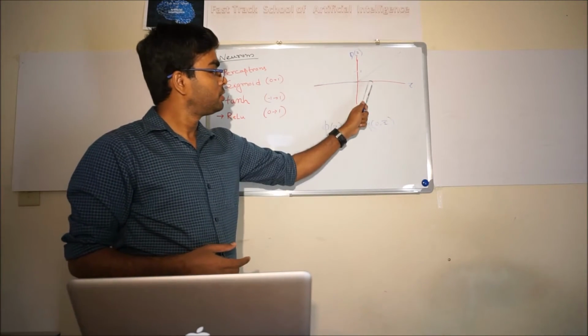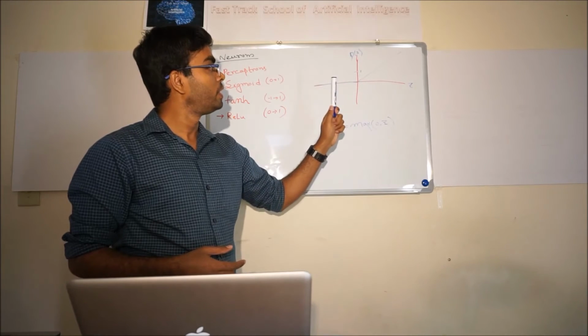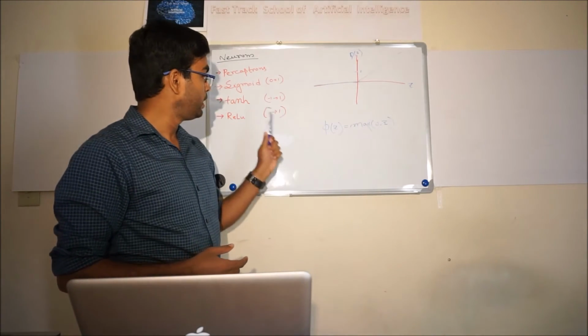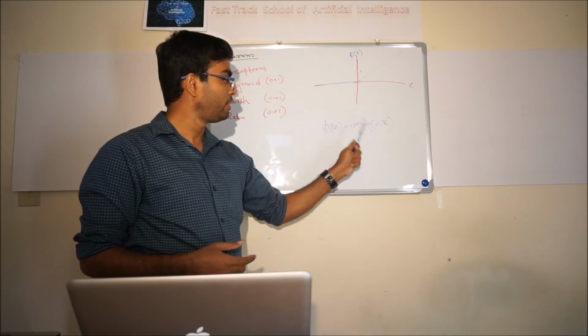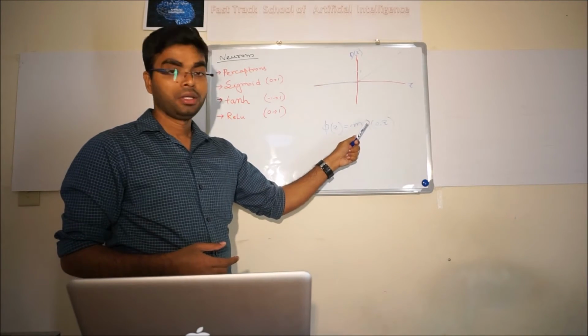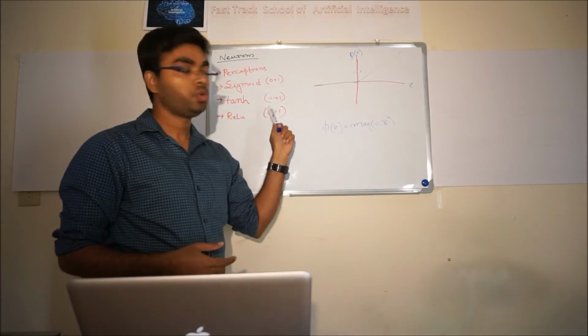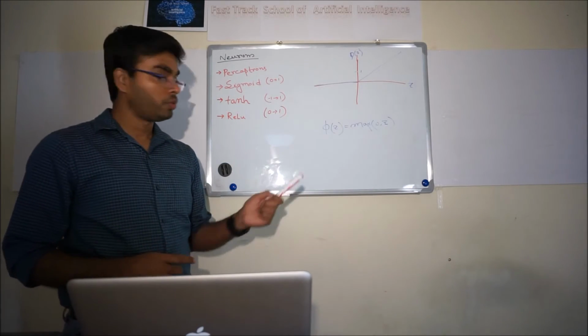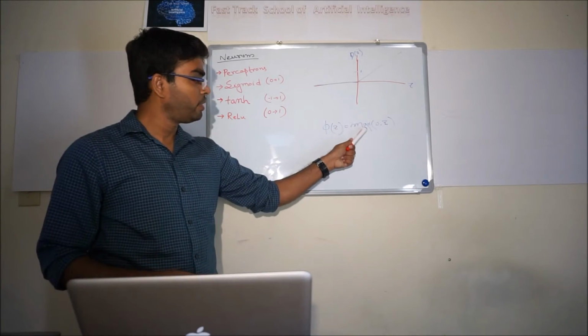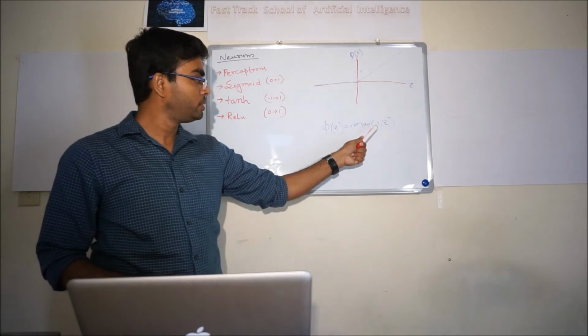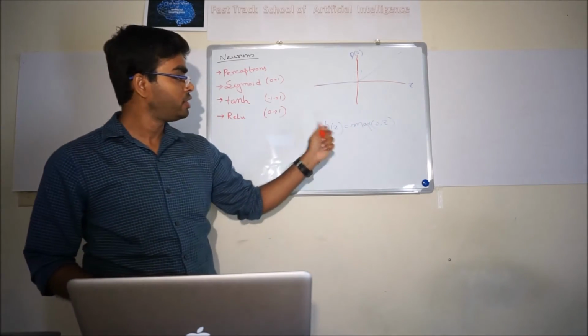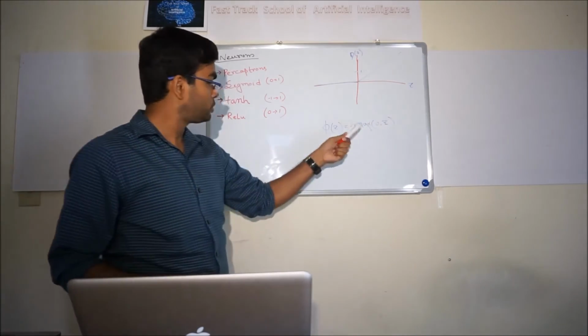Okay, this is the graph for ReLU output, and this is the rectified linear unit activation function, and the value of this ReLU activation function will range between 0 and z.